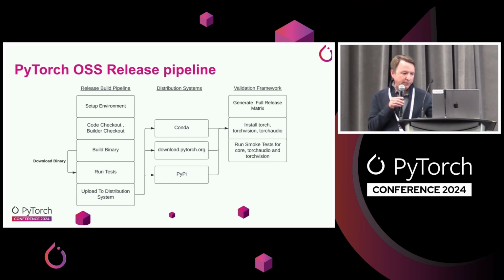We build the binary, we run tests on it, we upload it to the distribution system, and then the last step is to run the validation framework and install Torch, TorchVision, and TorchAudio as basically one ecosystem and run the smoke test. This makes sure that any binaries that we produce, out of 300 plus binaries, are actually usable and people can download and use them.